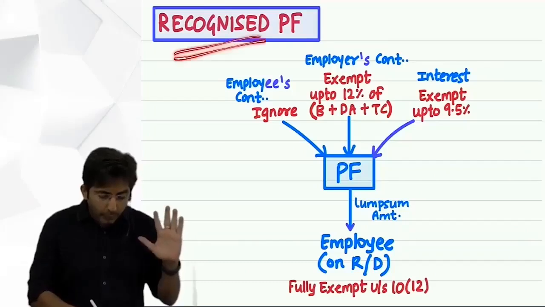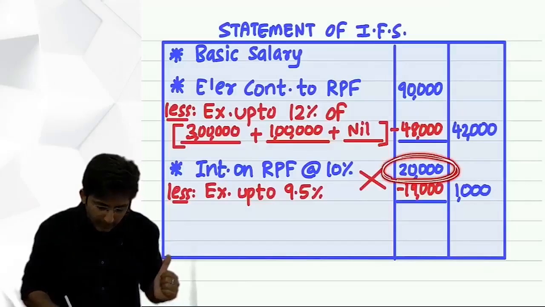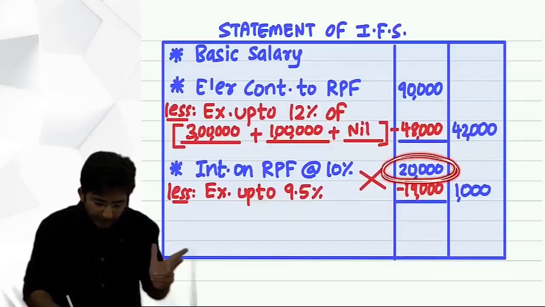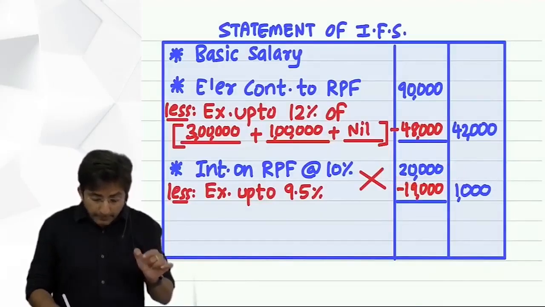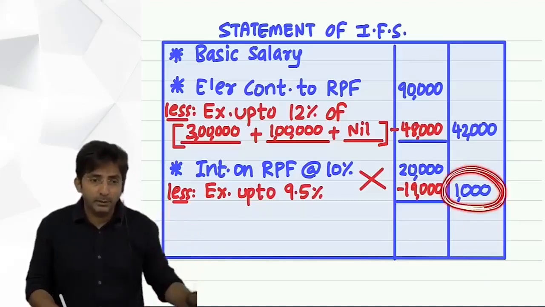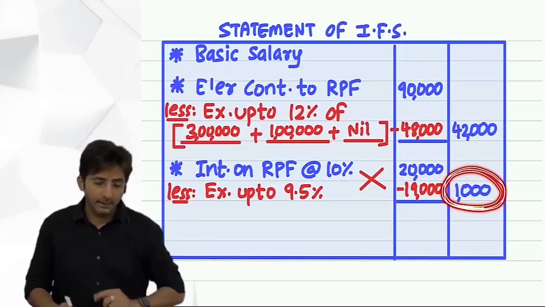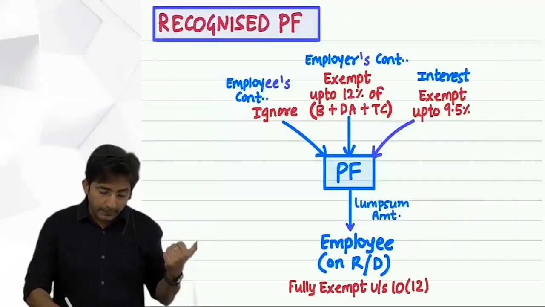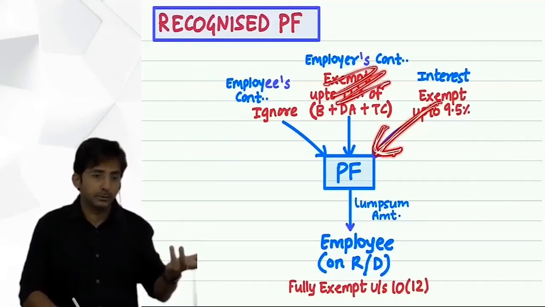I am suddenly going to the drawing of RPF. Tell me, this 20,000 interest on RPF, what do we do? Exempt up to 9.5%. So actually speaking, even this 1,000, part of it should be taxable under income from other source and part of it should be taxable in income from salary. Because see, whatever interest gets deposited in your account, it is not purely due to employer's contribution.